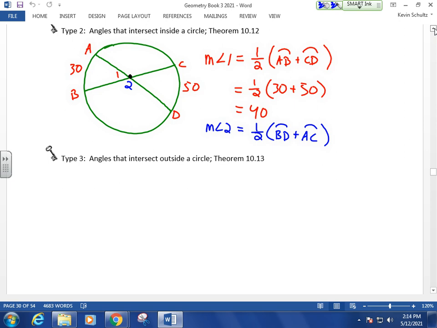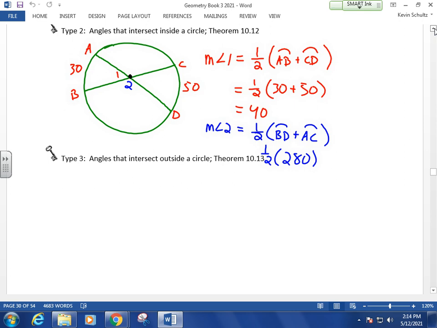So if the sum of those arcs is 280, which it has to be if those are the only two arcs left, what's the measure of angle 2? If we know that BD plus AC has to equal 280, what's the measure of angle 2? 140, which makes perfect sense.